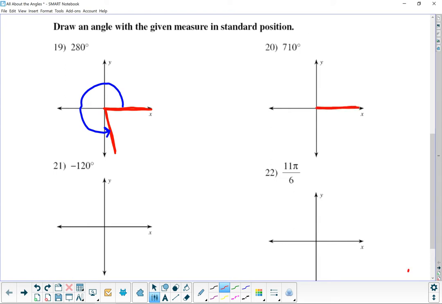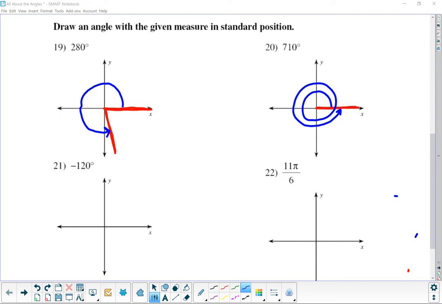So I know if I go all the way around, it's 360, and it's not 710 yet. So that's not all the way around. So if it's all the way around and then another round, I'm going to use my calculator.